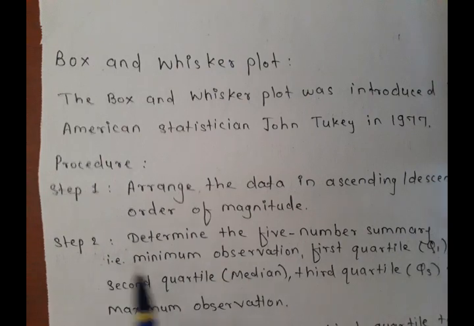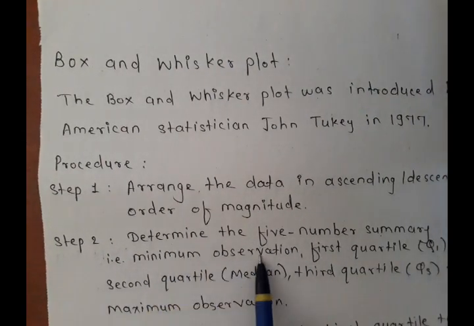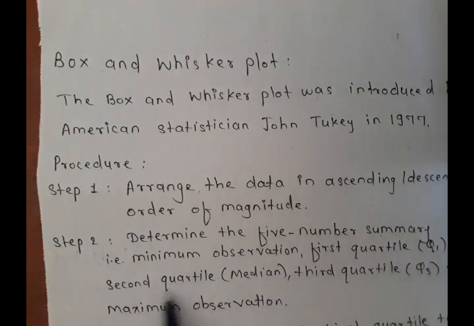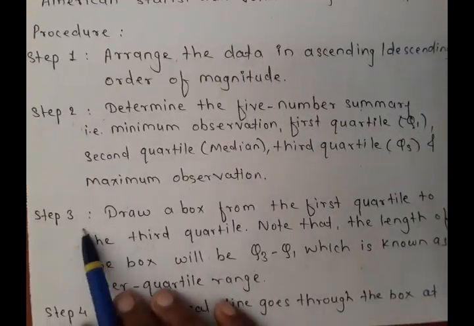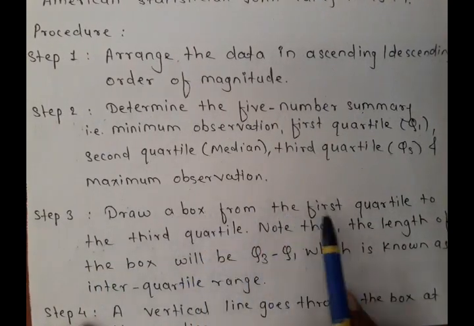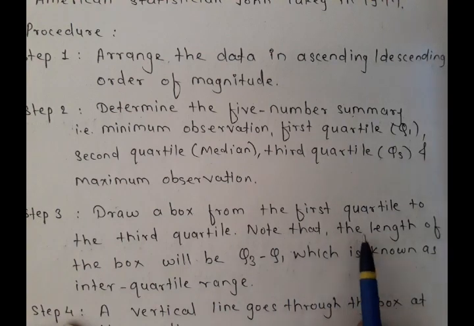Second step is determine the 5 number summary, that is minimum observation, first quartile, second quartile, third quartile and maximum observation. Step 3, draw a box from the first quartile to the third quartile. Note that the length of the box, Q3 minus Q1, is known as interquartile range.